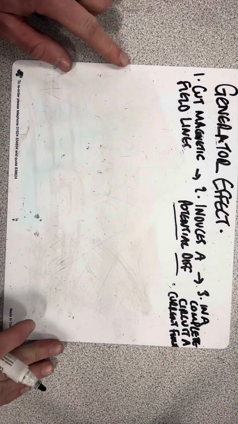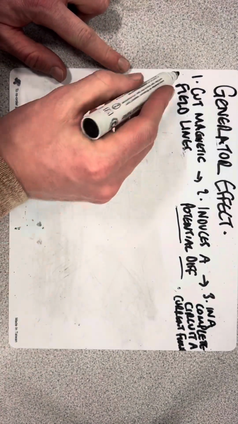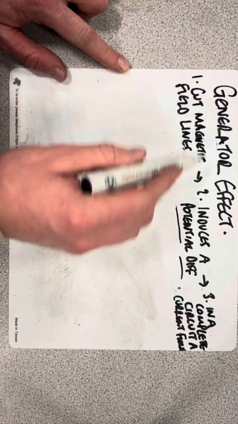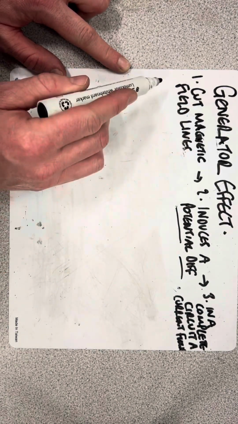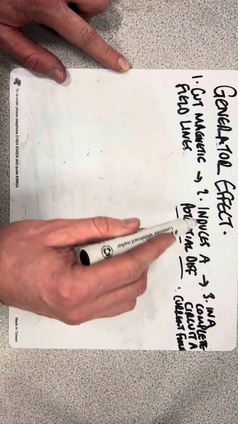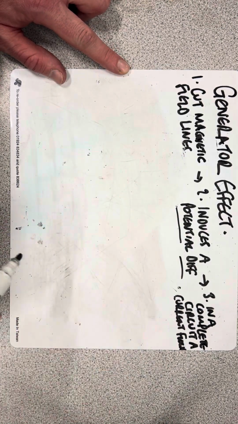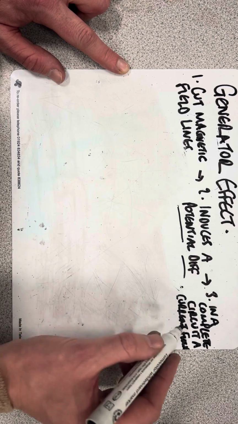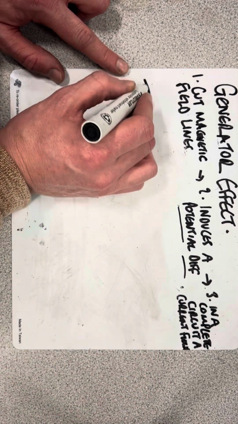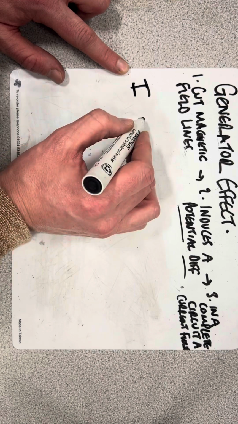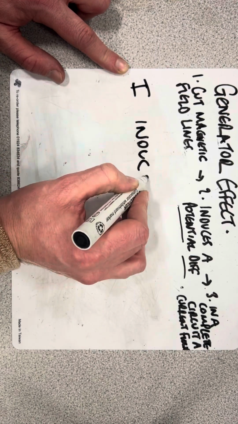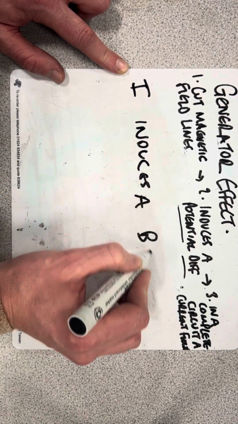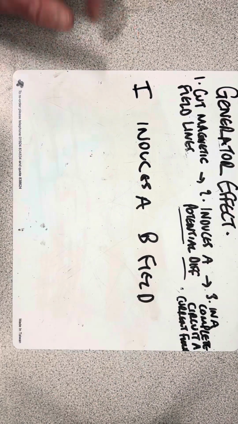Okay, so last bit then, we're pretty clear on these parts now hopefully. So you cut magnetic field lines, that induces a potential difference, and then in a complete circuit a current flows. Now, this links back to our motor effect because now we've got a current. So current, that itself will induce a B field, a magnetic field around your wire.